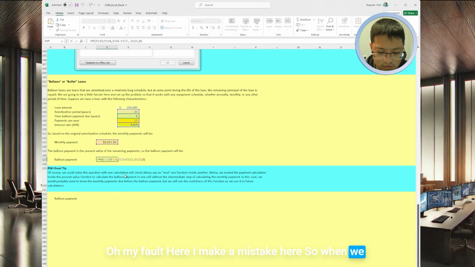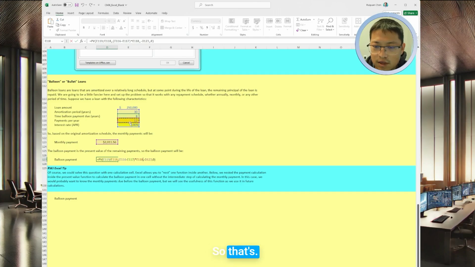So when we talk about the number of years of payments here, I said this is 30 minus 8, which is wrong because it's now 22 years. Within a year, we are making 12 payments. So we have to multiply this by 12, right? So that's the total number of payments, right?